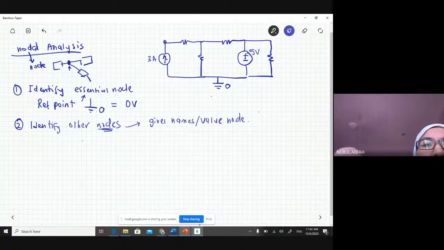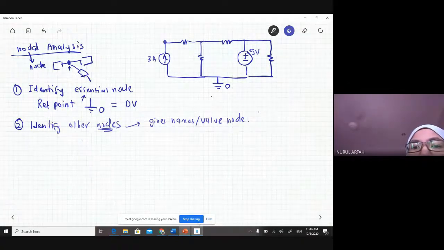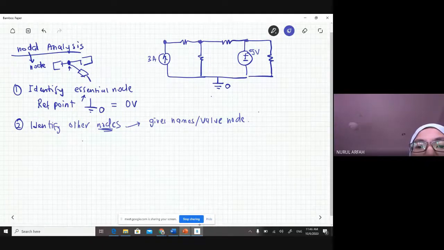Is this a node? Yes, good. This one? Yes, right. This one also is a single node. So because of that, you need to give some name if there is no value. But if you know the value, then you don't give a name.